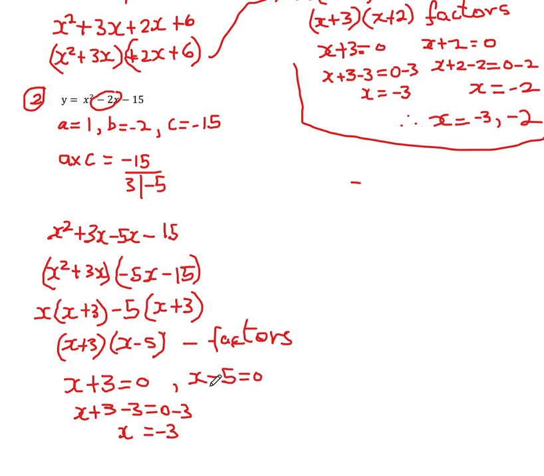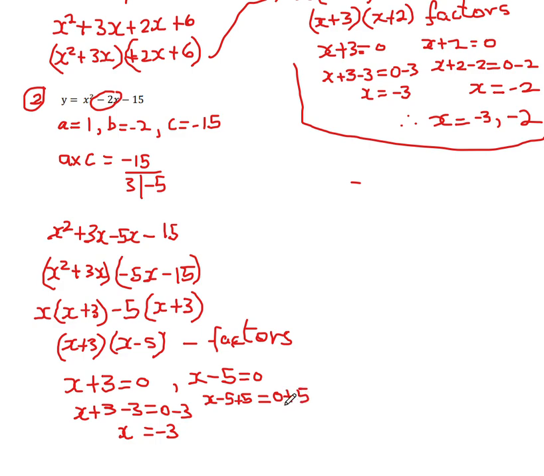And then here I have x minus 5 equal to 0. So we're going to do a similar thing here. We're going to say x minus 5, and the inverse of minus 5 is plus 5. So that is what we will do to get rid of the minus 5 and leave x on its own. And what you do to one side of an equation, you have to also do to the other side.